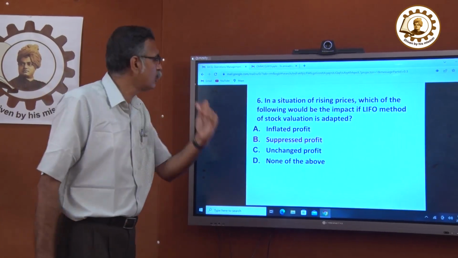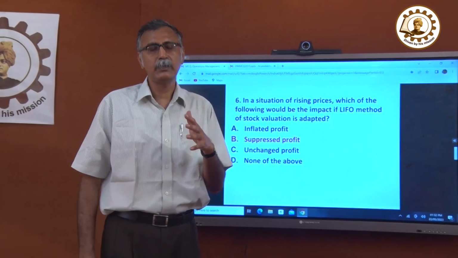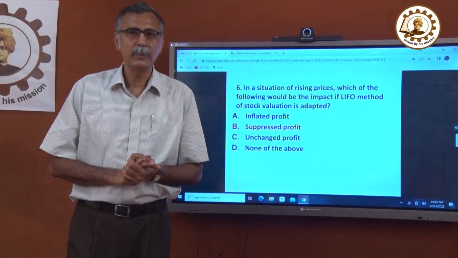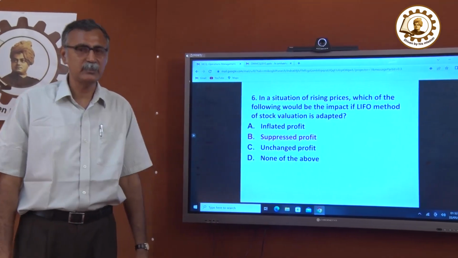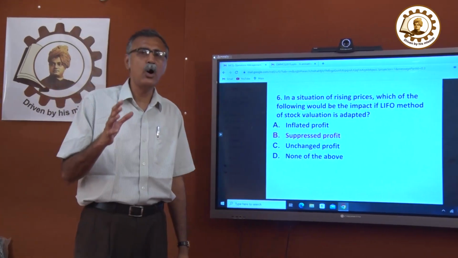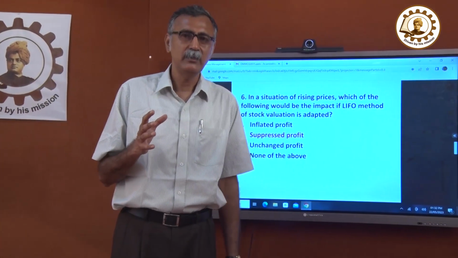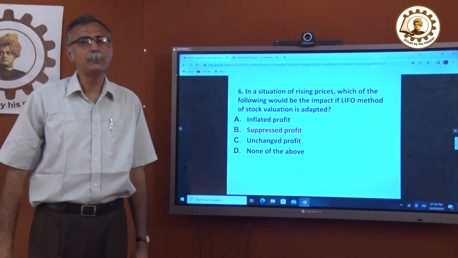Now if your stock value is low, just think about the balance sheet. On the left side, under the liabilities, your profit comes, and your stock and investments come under the head of assets.